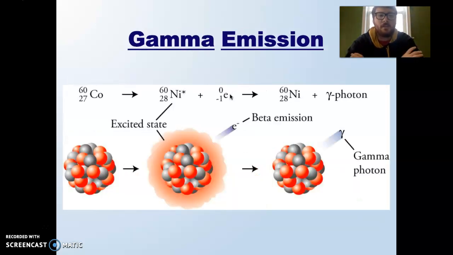So, lastly, gamma emission is the emission of what is called a gamma particle. You see, gamma is this little Y here. It's a gamma photon. And usually happens after alpha and beta emission have taken place.